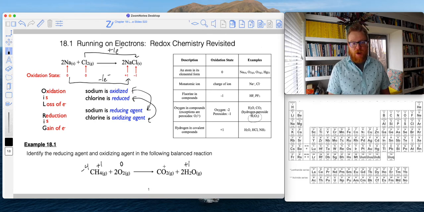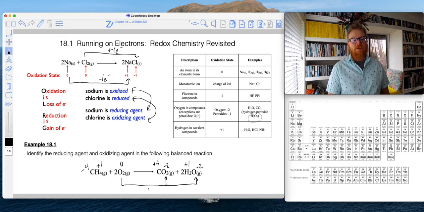But this oxygen right here is -2, and the oxygen in the water is also -2. So we can see that oxygen is going from 0 to -2, okay? And carbon, we forgot to calculate the carbon in carbon dioxide. That's going to be a +4.